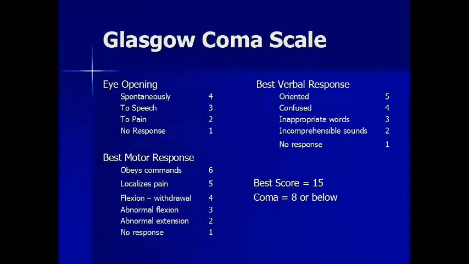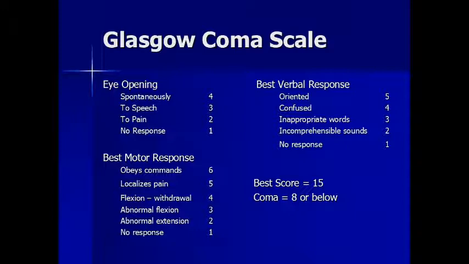All right, let me just go over this. This is the Glasgow Coma Scale. I just wanted to bring it up again. What we do know is that it consists of 3 areas: eye-opening, best motor response, and best verbal response. The best score that you can get is 15. Anything of a score of 8 or below is considered comatose.